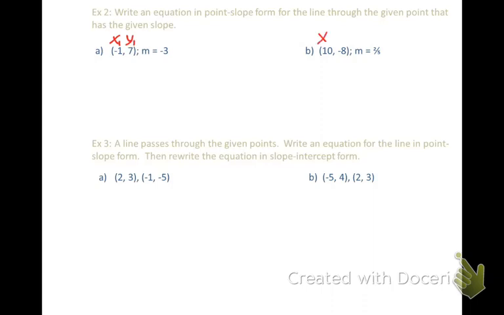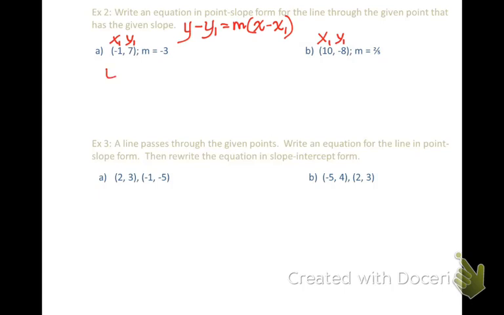And on this one I have x1, y1, and m. Again, for you who forgot already, it's y minus y1 equals m, x minus x1. I'm going to do A with you, and then I'm going to pause it and let you try B on your own.